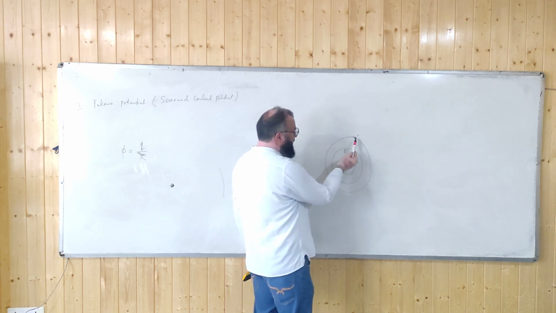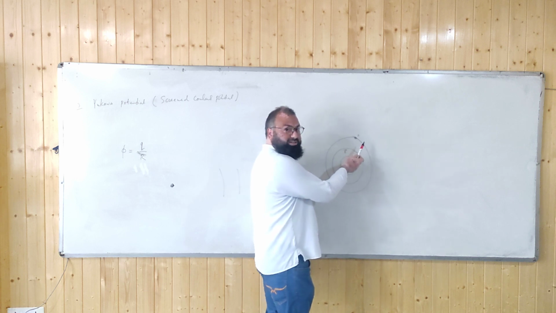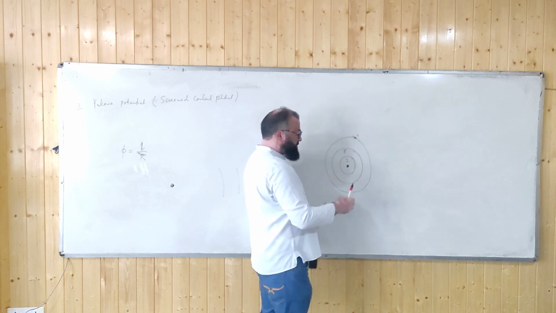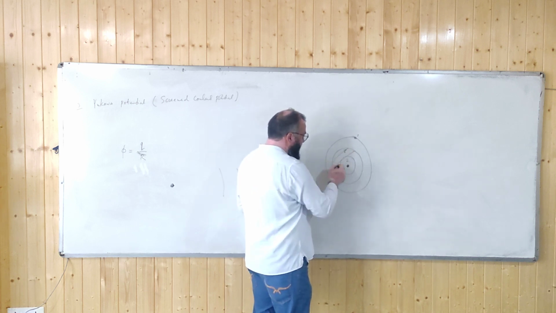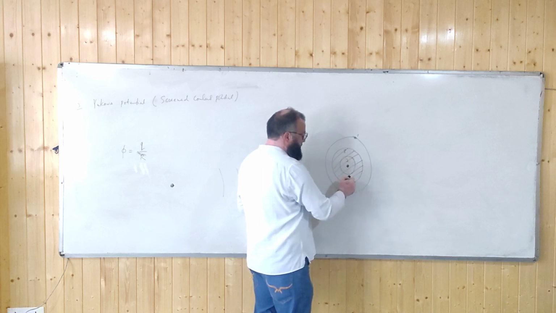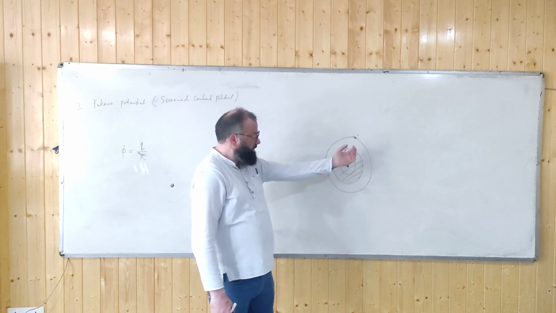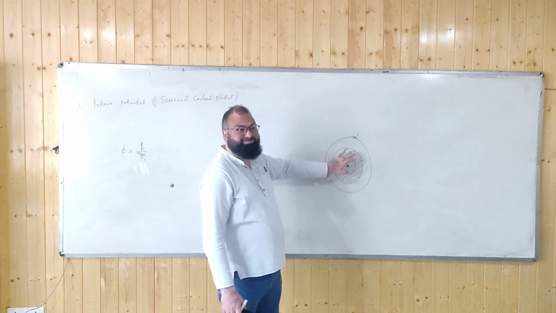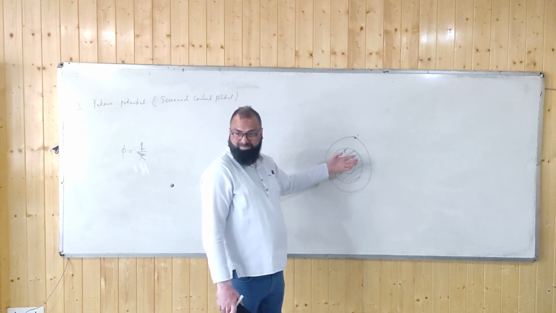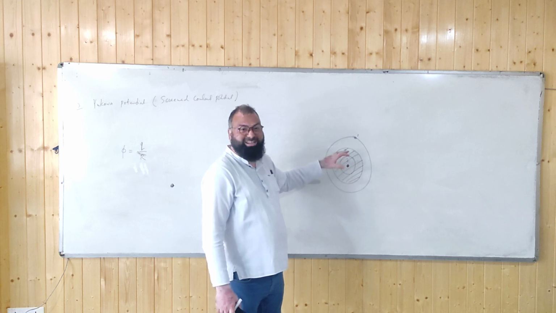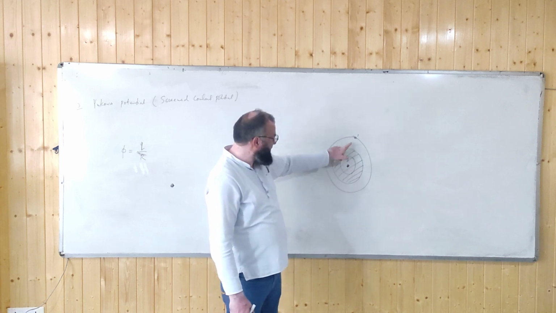How much potential, how much charge does this outer electron see? You can think it sees an effective charge or effective potential due to this core, because it is a completely filled shell.